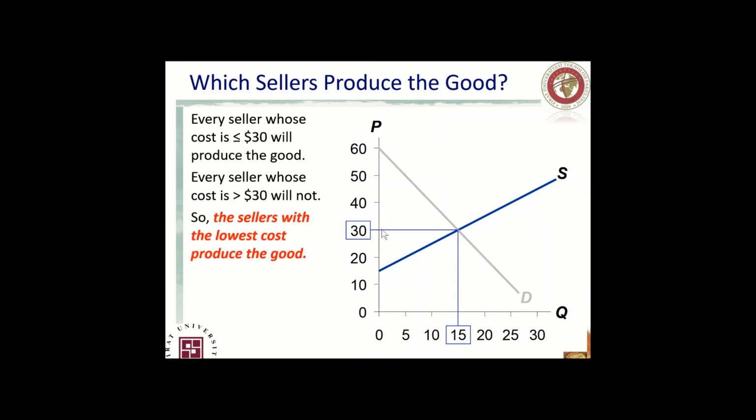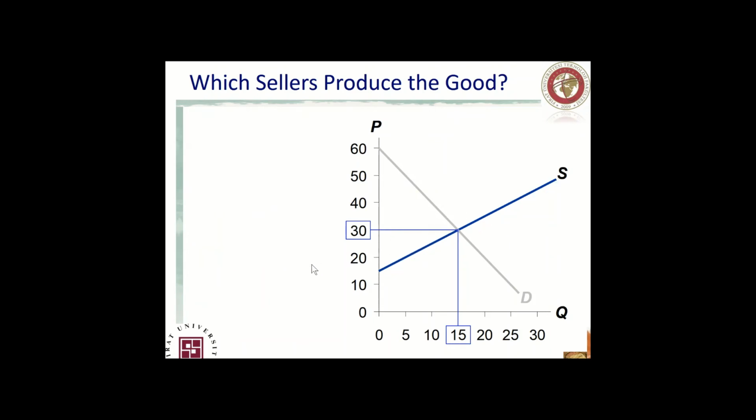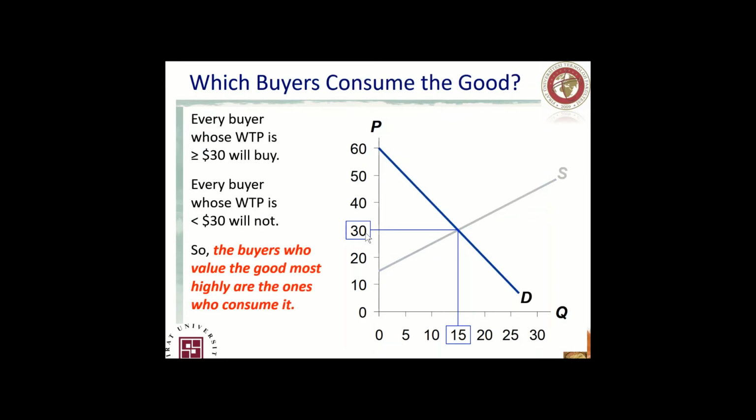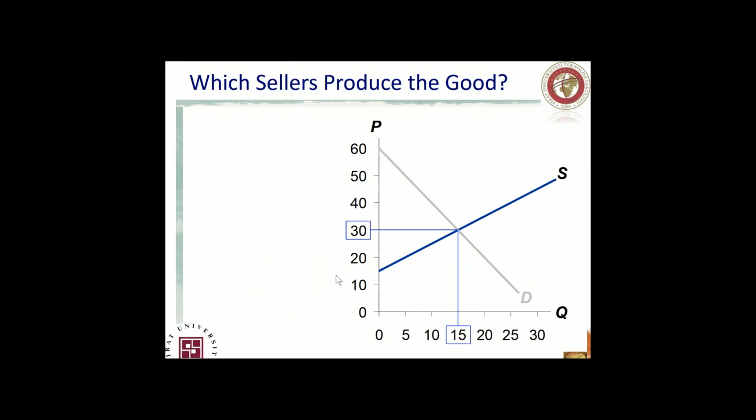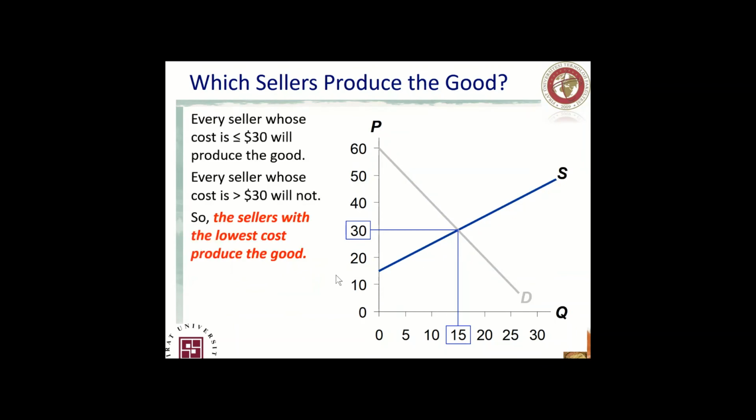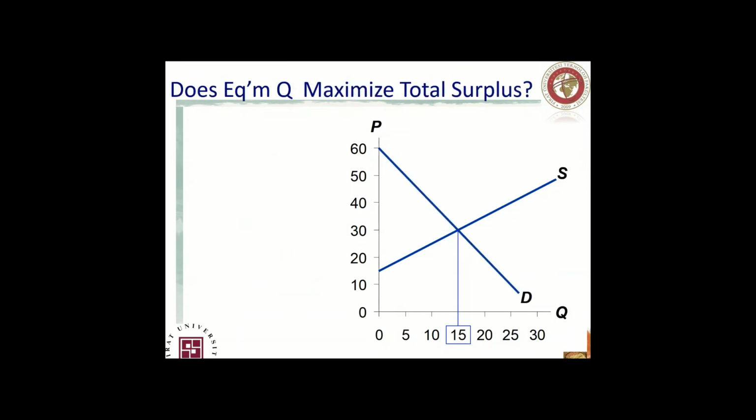So the sellers with the lowest cost will sell the good, and again, maybe I forgot to say it, the buyers with the highest payments would join the market, not the lower ones. Okay, and this is the idea. So we are maximizing actually.